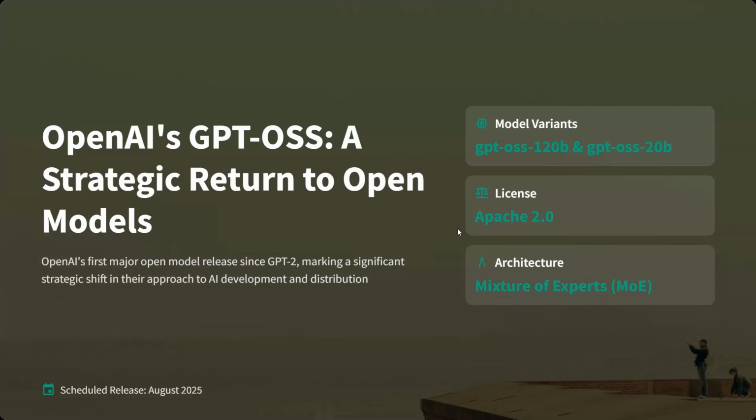I'm gonna show you how I use the 20 billion, which is lighter. It can run on 16 GB, and it looks like it's gonna probably consume 15 GB of GPU, and it has a mixture of experts. So let's go and see how to run it locally.